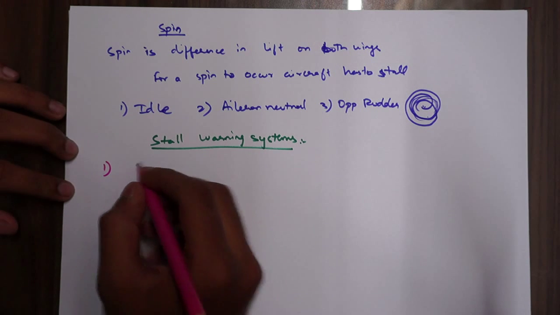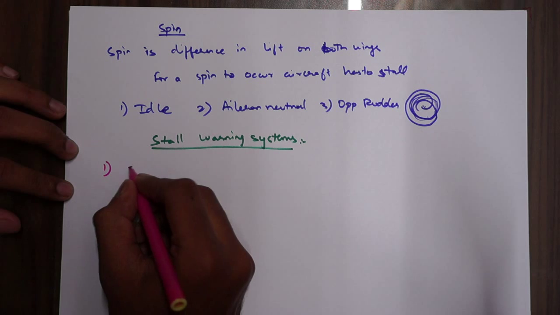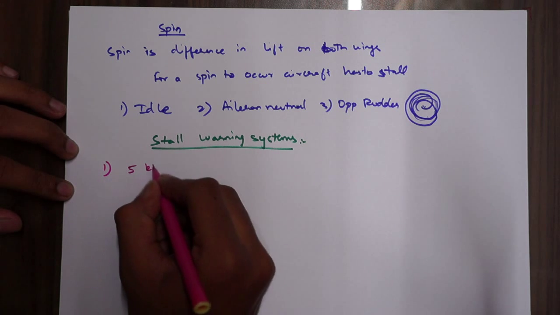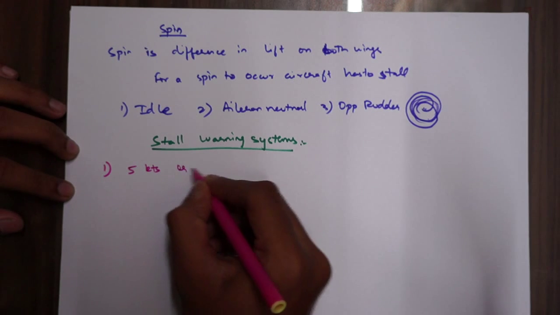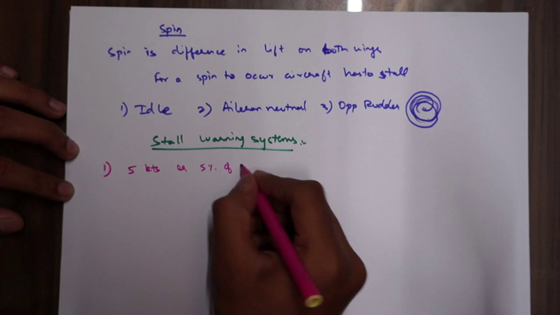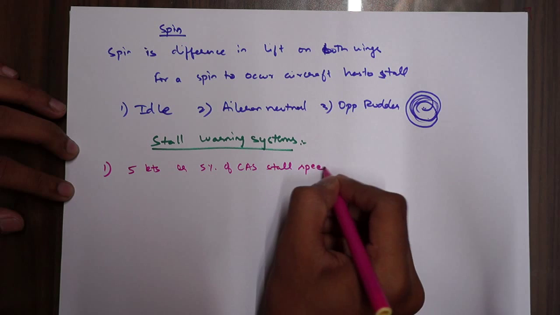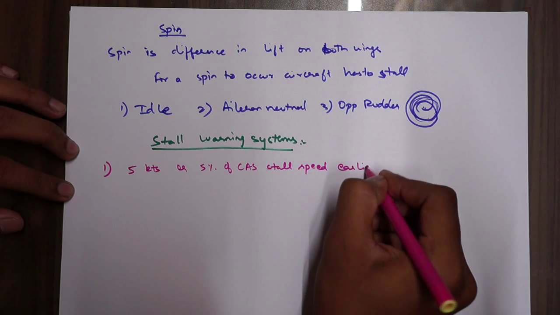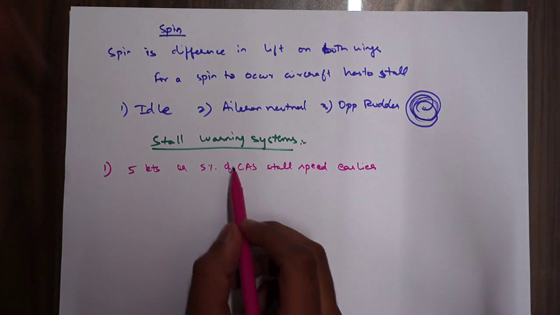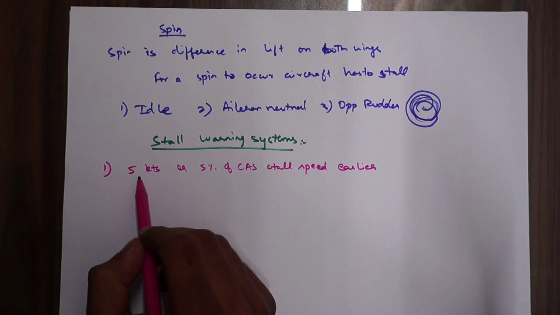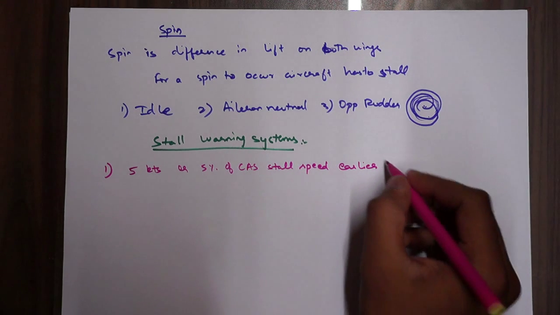So stall systems are generally designed to give warning 5 knots or 5% of CAS stall speed earlier. So the warning will be sent out to you perhaps 5 knots earlier.